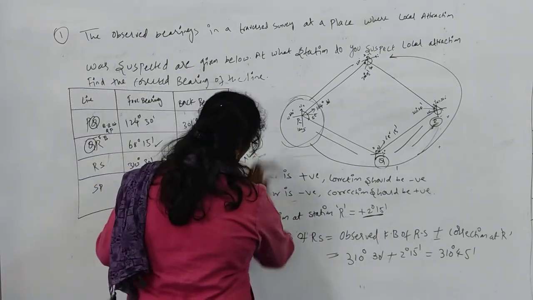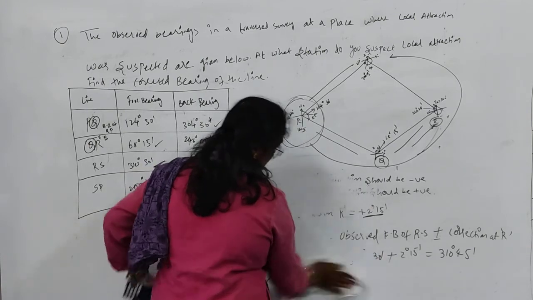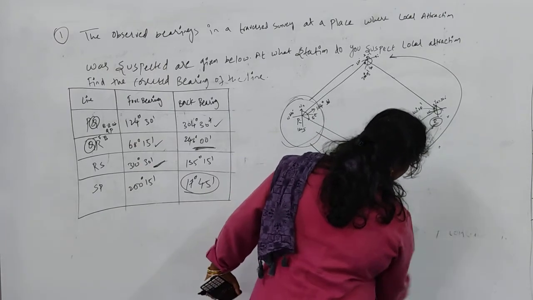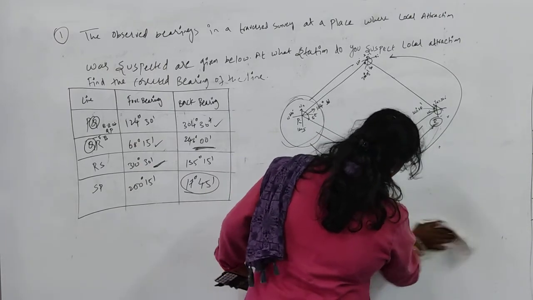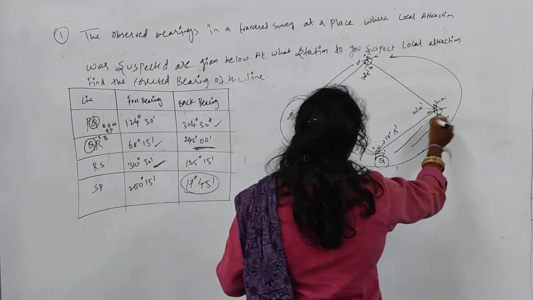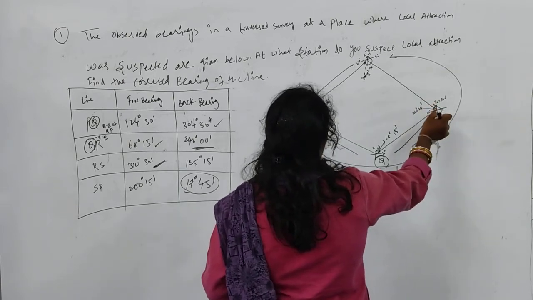Next we need to find the actual one. We have got the error at station R, and we got the correction at station R also.